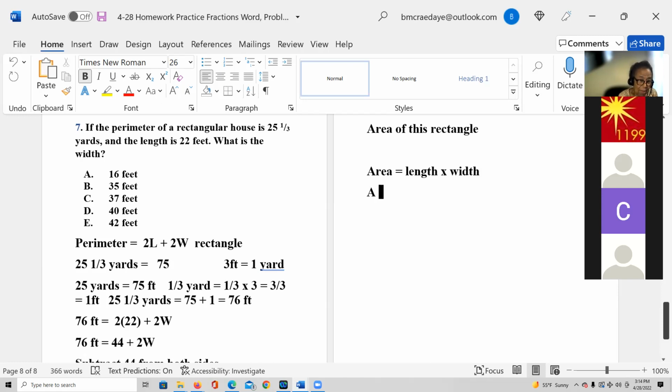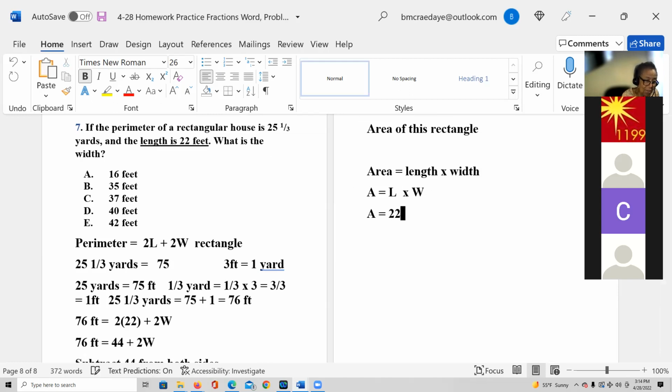A equals L times W. So what is the length, Mercedes? The length is 76. No, what is the length? I didn't say perimeter. What's the length? The length is 22 feet, right here. Okay, so the length is 22.